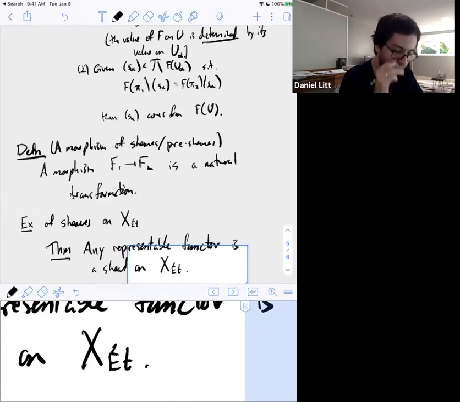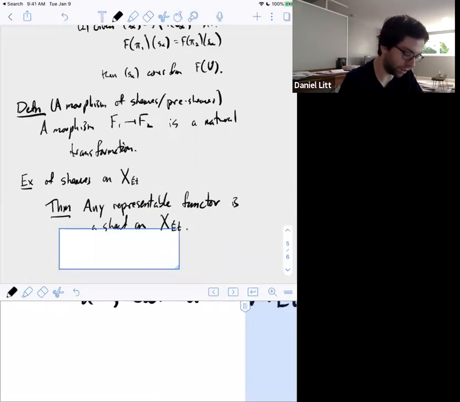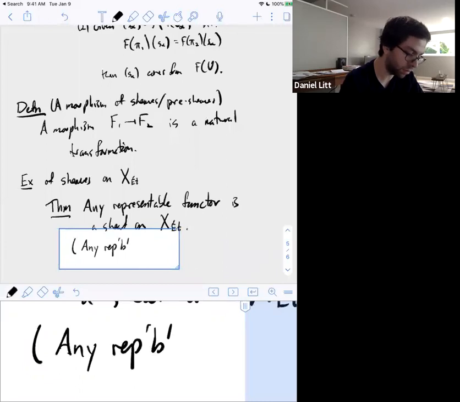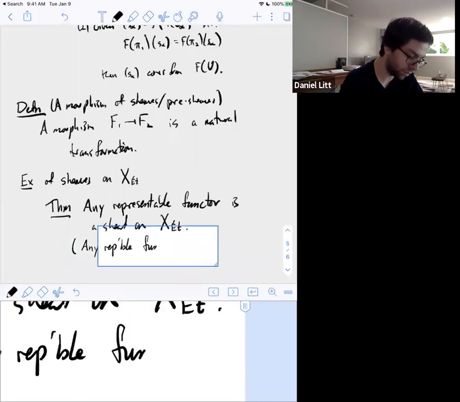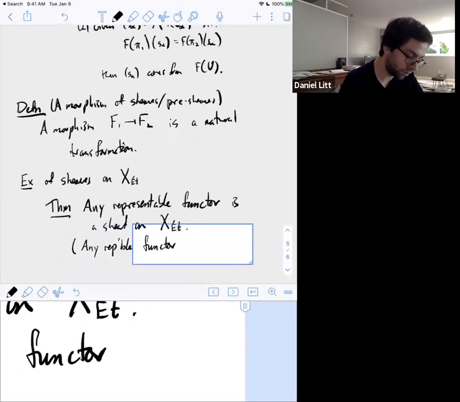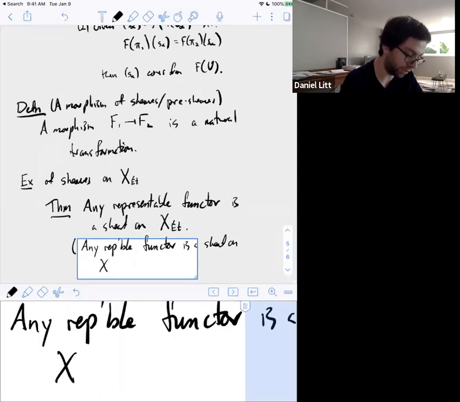Okay, and in fact, a stronger thing is true, and that's what we'll prove. So any representable functor is a sheaf on the big Fppf site. I don't think I defined it.